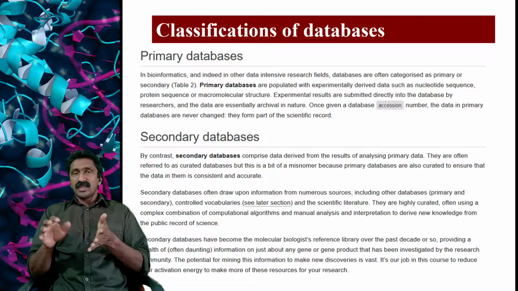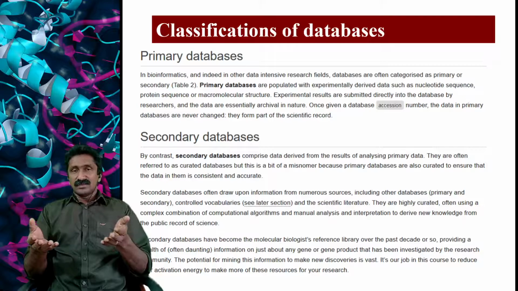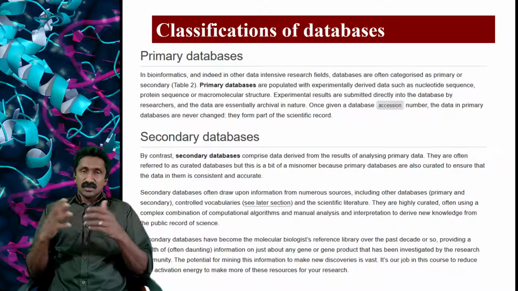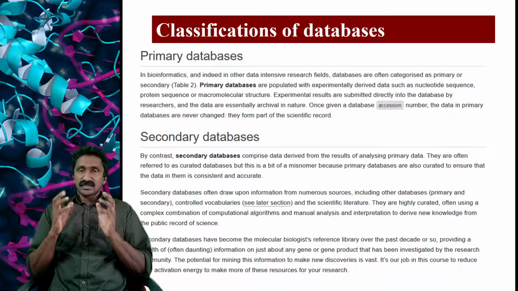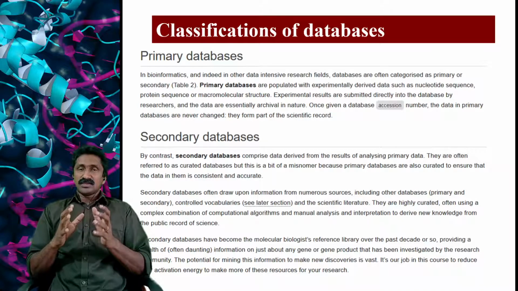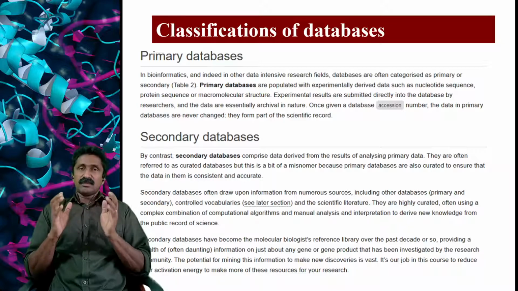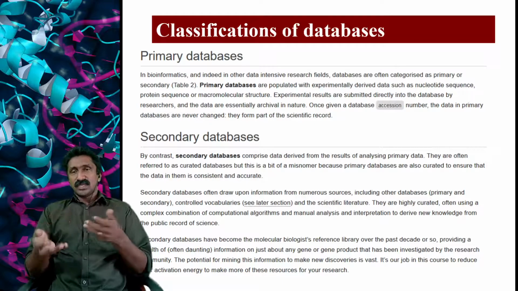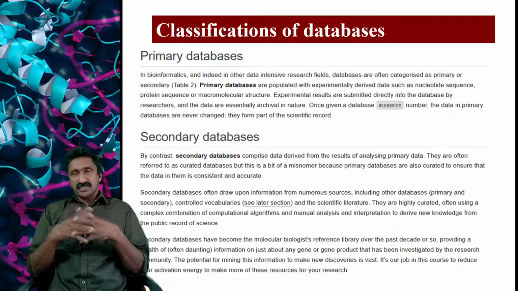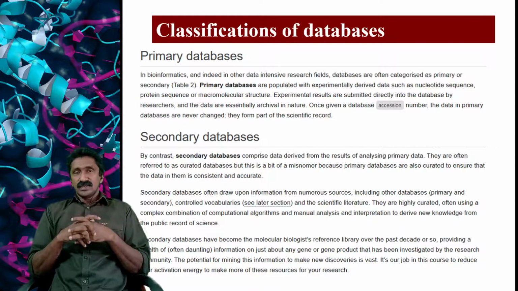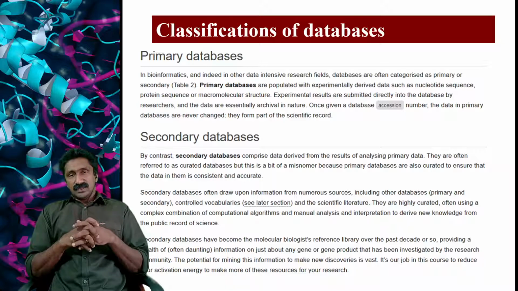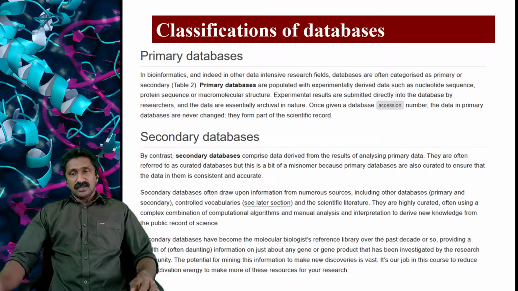Without any label or identification mark, the data doesn't mean anything. From where it is isolated, or what is the nature of the data, needs to be described with that data. So most primary databases nowadays are also curated, but the degree of additional data or description that is added will be higher in secondary databases, where usually manual verification of the description of the data is done. And it is not only manual verification, there are computational algorithms.